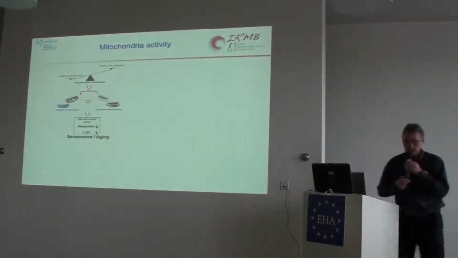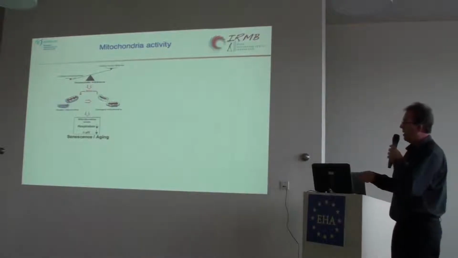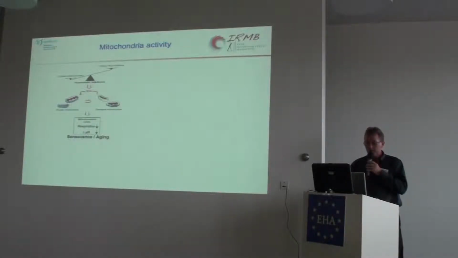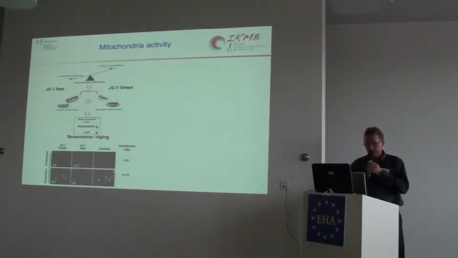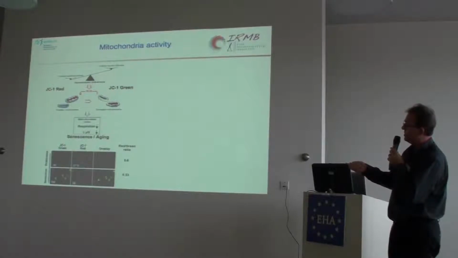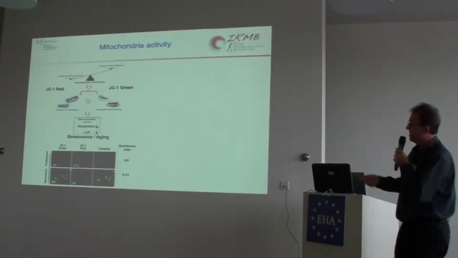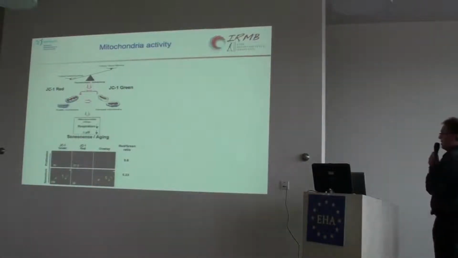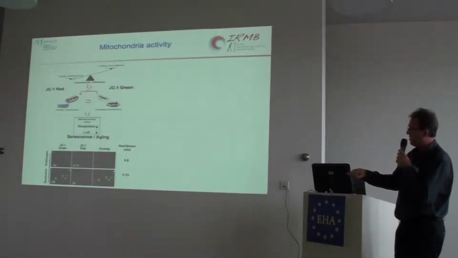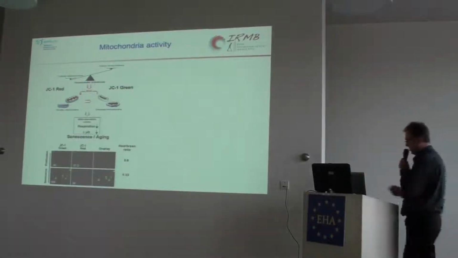We also looked at the mitochondria activity. What we know is that during aging, there is an alteration of the mitochondria function. If we follow the health of mitochondria with a fluorescent dye, we can compare the green and red fluorescence, which is a marker of healthy mitochondria in the cell, and with this ratio, we can observe an alteration of the mitochondrial function during senescence.